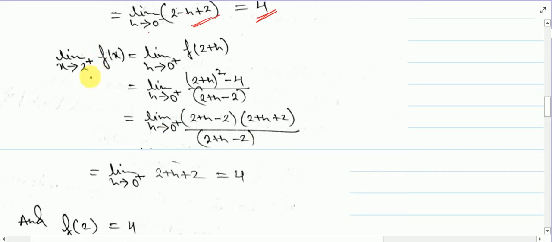Then find the right hand limit. This is how we write it: x tends to 2 plus, so h tends to 0 plus, and here we had x, so it becomes 2 plus h. Then you can see that this is also not equal to 2, so this will also be given by this one only, x square minus 4 upon x minus 2.